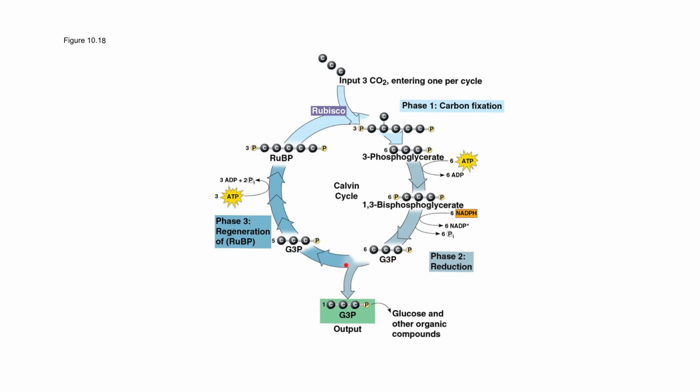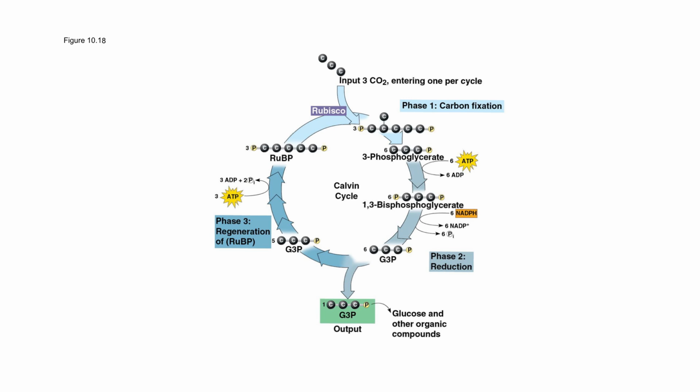The Calvin cycle is still going to continue, though, into phase 3 to regenerate RuBP, or that ribulose bisphosphate, and it's going to take 3 turns around the cycle to incorporate enough carbon to produce a molecule of G3P, and 6 turns to incorporate enough carbon to synthesize 1 glucose molecule.